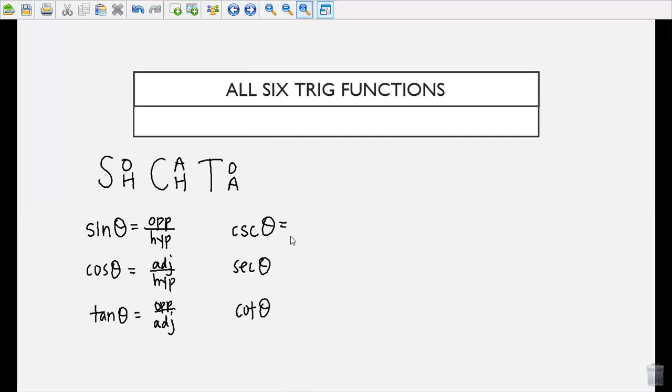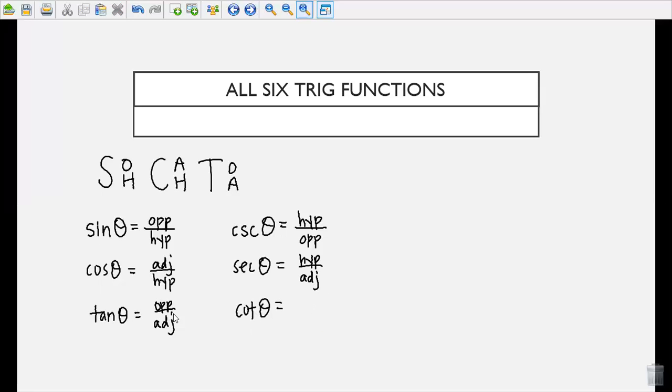All right, and then to figure these out, you got to go back to SOHCAHTOA, right? Because cosecant is like the reciprocal for sine. So if sine is opposite over hypotenuse, cosecant is hypotenuse over opposite. Secant's the reciprocal of cosine. So if cosine is adjacent over hypotenuse, then secant is going to be hypotenuse over adjacent.